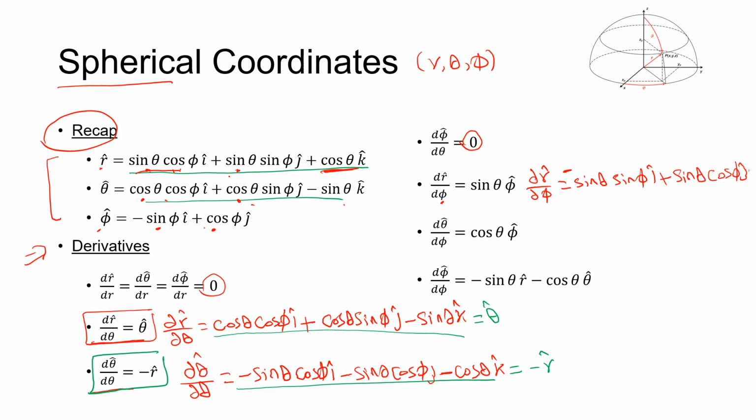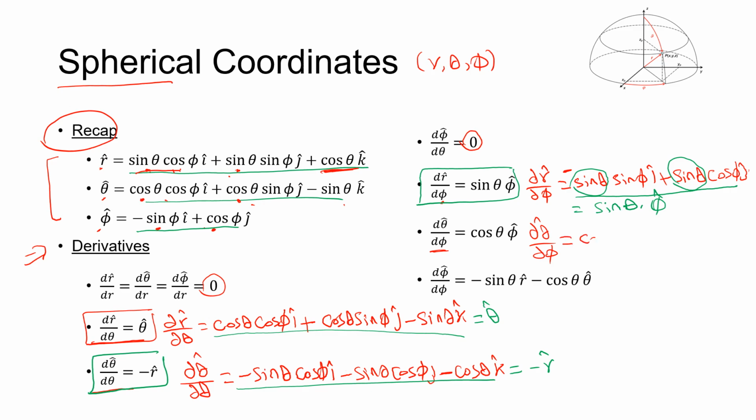Now if you compare what you have here with phi, you will find it is the same but multiplied by sine theta. So you can simplify this as sine theta multiplied by the phi unit vector. Likewise, let's do it for the unit vector theta. Differentiate partial theta by partial phi. We have cosine theta, which comes as is.